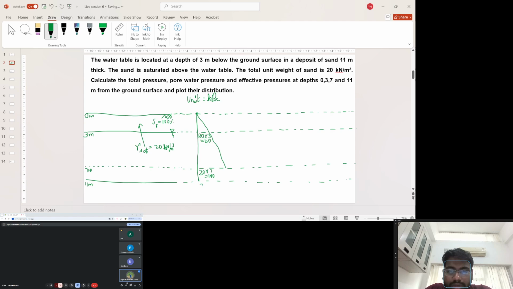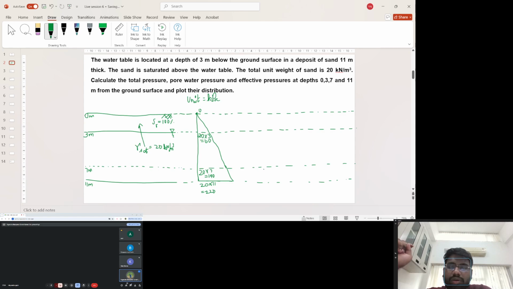And here it will be 20 into 11, which is 220. It will reach 220. So this is the distribution of total stress, with the values at 0, 3, 7 and 11 meters.